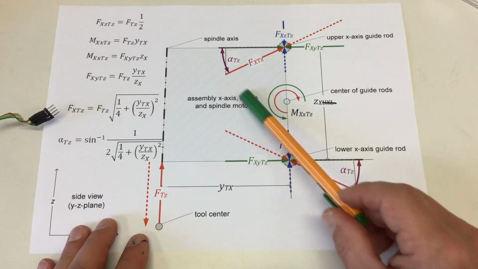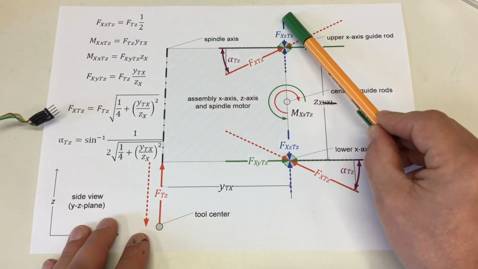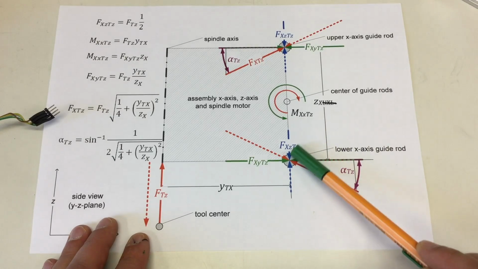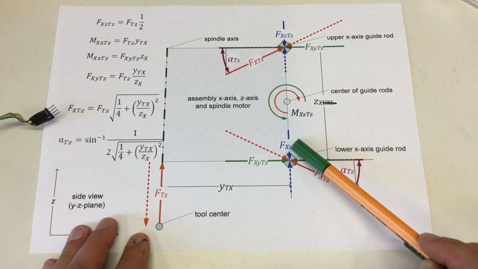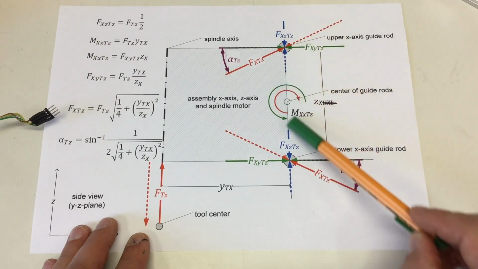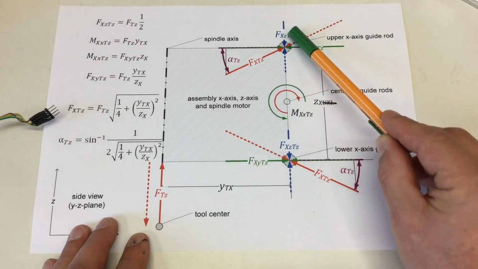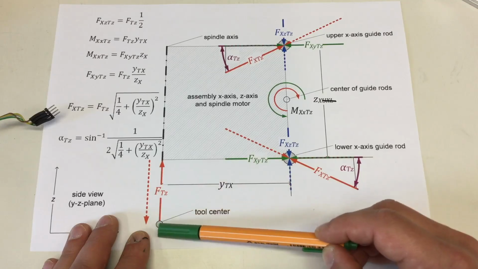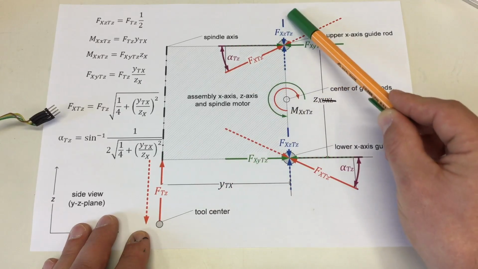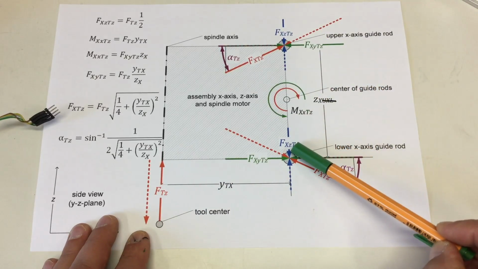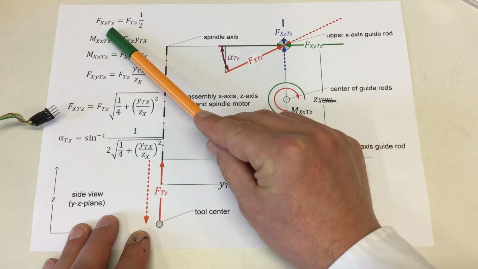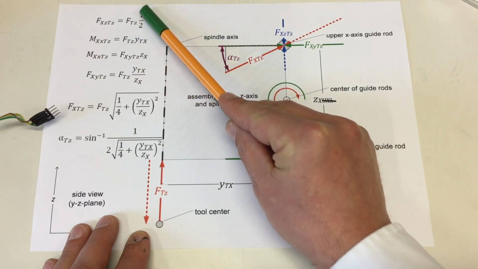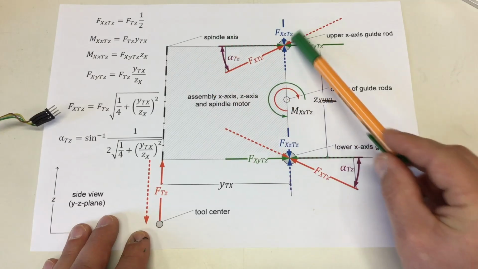Let's start with a simple one. The forces that are along the Z-axis, which is simply exactly half the force on our tool. Pressing upwards, they are pressing downwards. And the formula is simply the force of our tool on the z-axis, half.